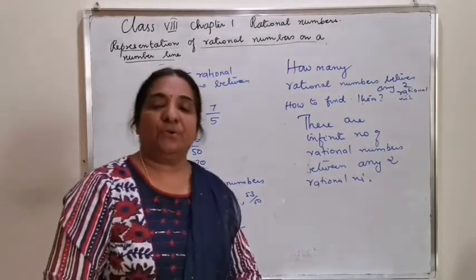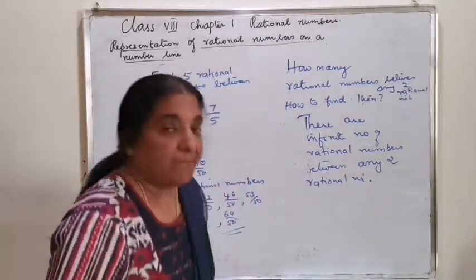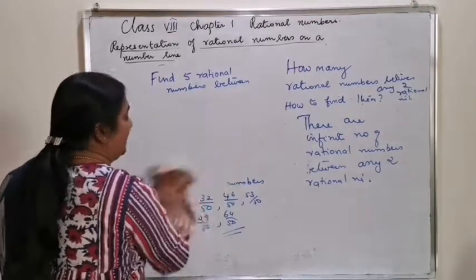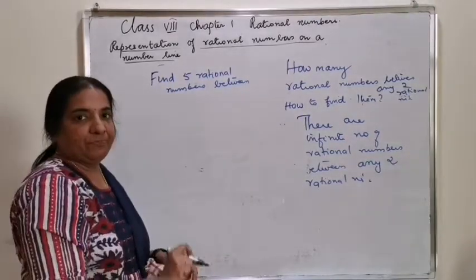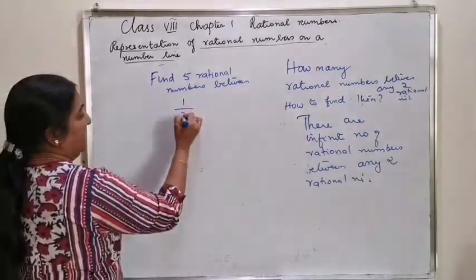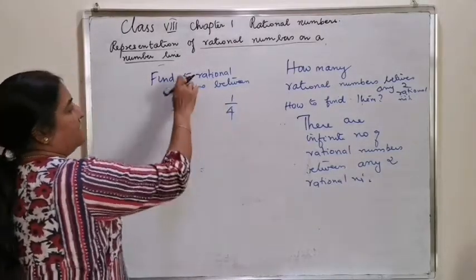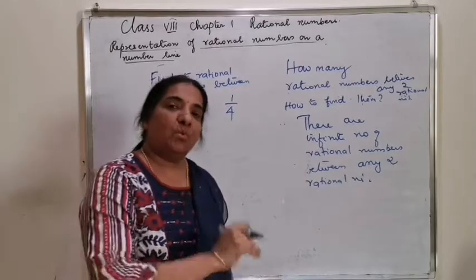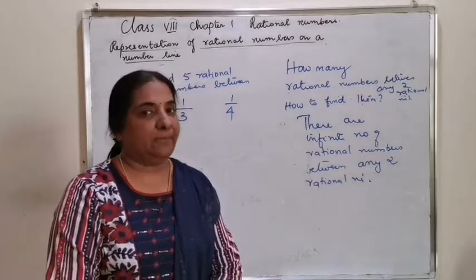Now, how do you find rational numbers when the denominators are different? How do you find 5 rational numbers between 1 by 3 and 1 by 4?